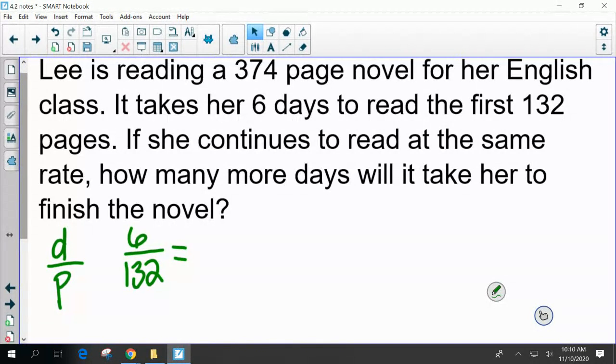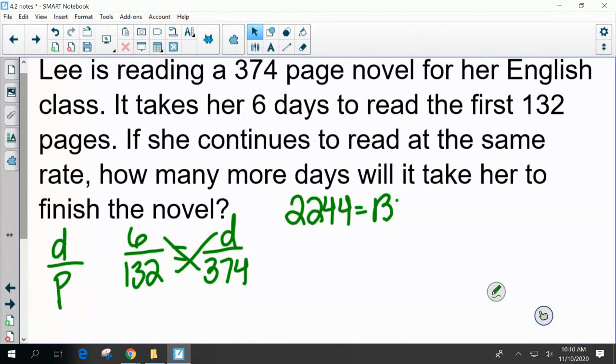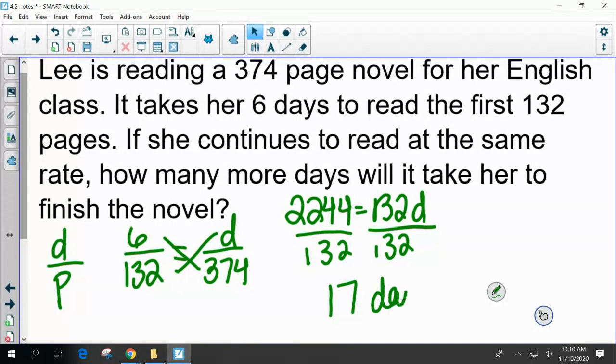Where is that going to go? On the bottom. And then I don't know the number of days. So I need to cross multiply. So 6 times 374 is 2,244 equals 132D, and then divide by that. So it's going to take 17 more days.